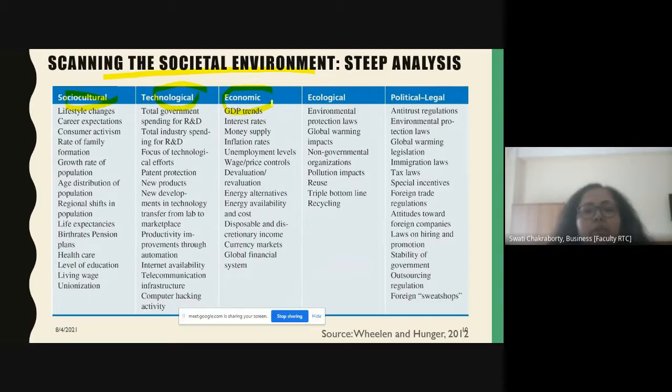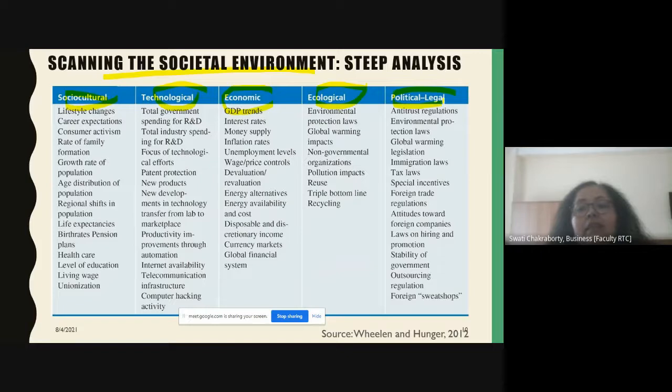Economic, when we talk of GDP trends, interest rates, money supply, inflation, unemployment, wage or price controls, devaluation, revaluation, energy alternatives, energy availability and cost, disposable and discretionary income, currency markets, global financial system. With regards to ecology, that is environmental protection laws, global warming impacts, non-governmental organizations, pollution impacts, reuse, triple bottom line, and recycling.